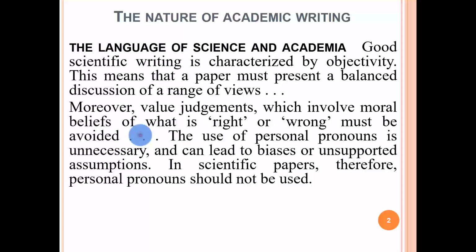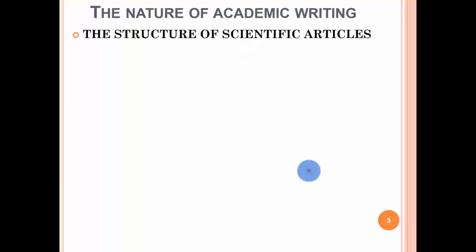Rather, we have to express what the experiment shows. Hence, the use of personal pronouns is unnecessary and can also lead to some sort of biasing, which doesn't support the assumptions. So in scientific papers, personal pronouns should not be used, or at least should be avoided as much as we can.